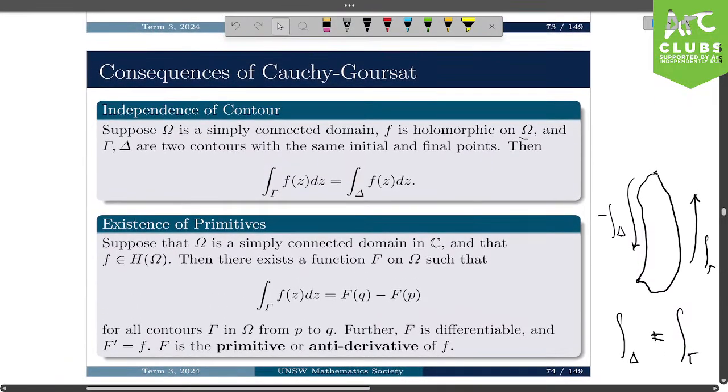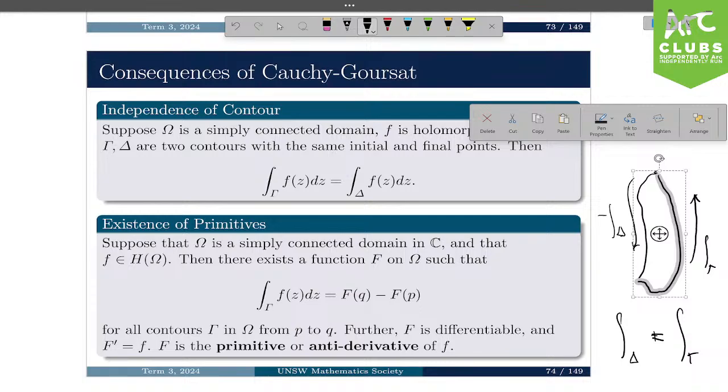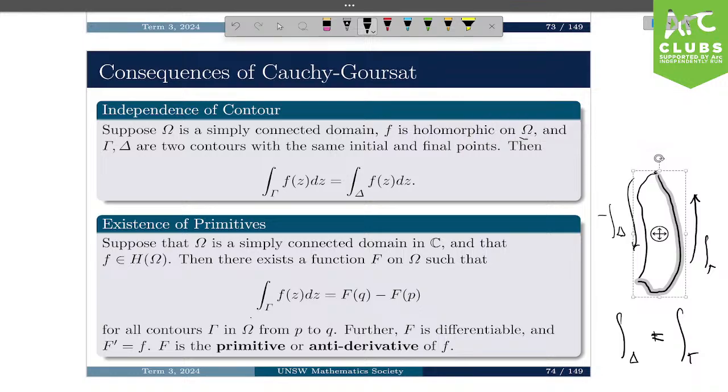Also, another consequence is the existence of primitives, which should be reminiscent of real integration. If omega is a simply connected domain in C, and f is holomorphic on omega, then there exists a function capital F, the antiderivative of f, on omega, such that the integral across gamma of f of z depends only on the start point and end point of gamma, and is equal to F of the end point minus F of the start point.